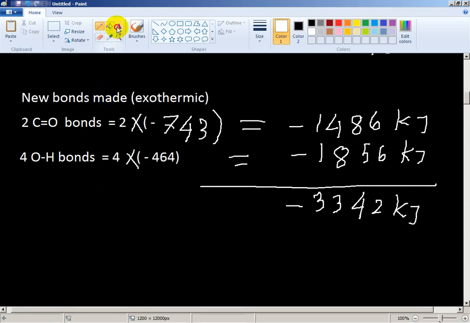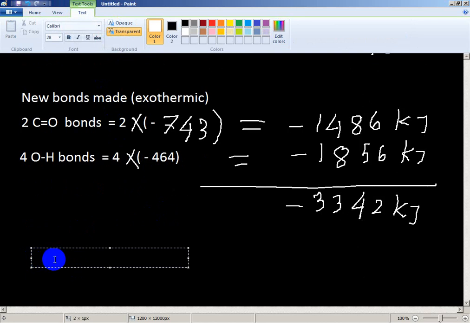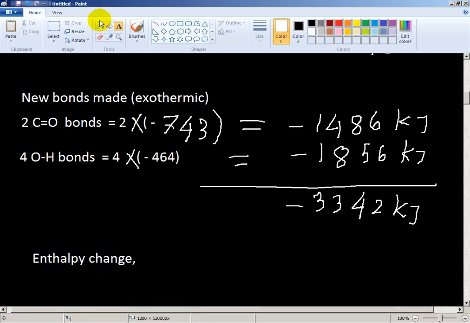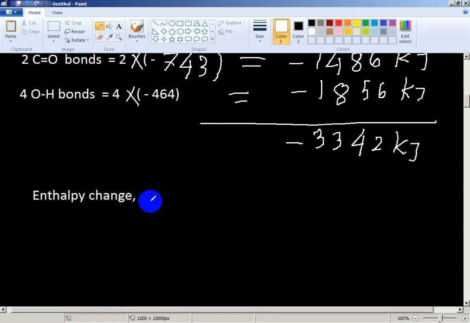Enthalpy change, delta H. It is not possible to write by keyboard.